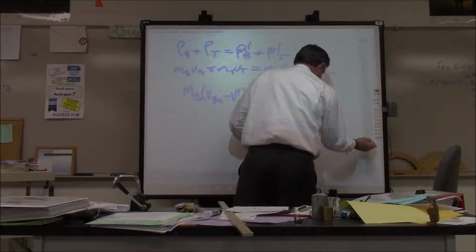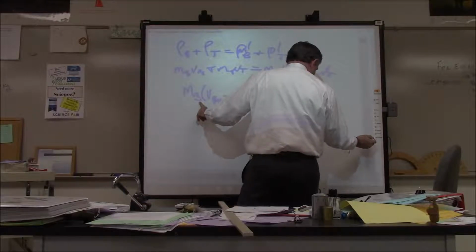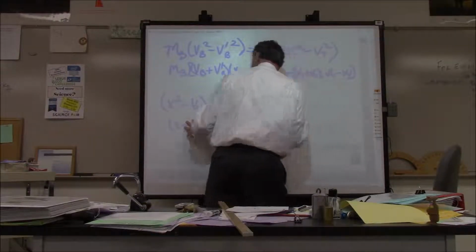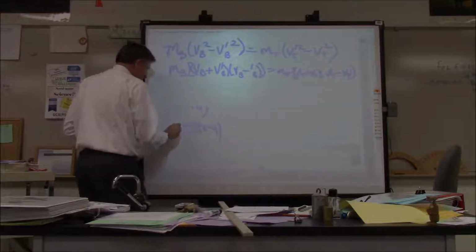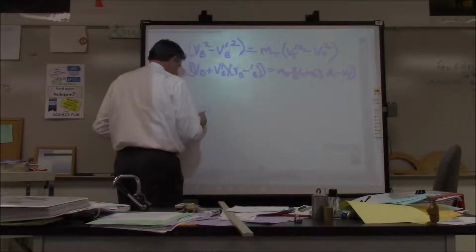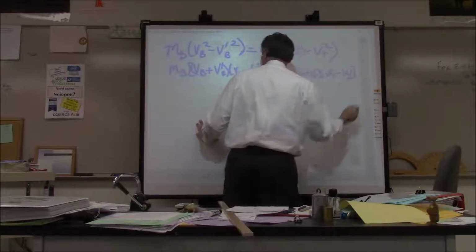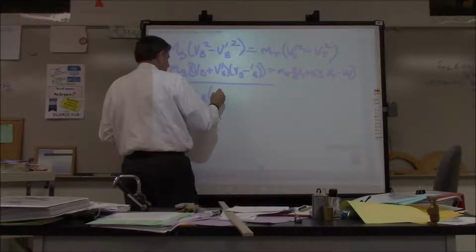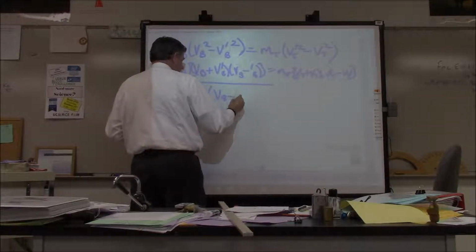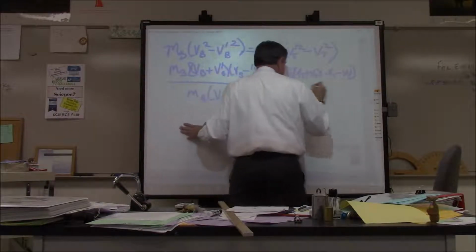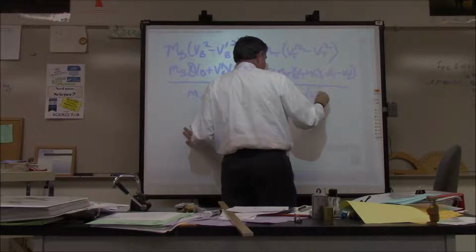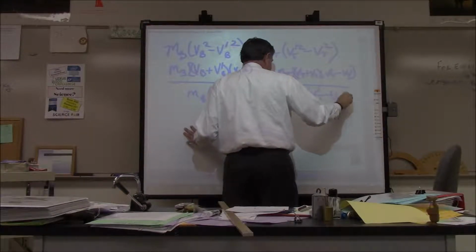So I'm going to come back over here, and I'm going to divide this by the mass of the bullet times the velocity of the bullet minus v prime of the bullet. And then I'm going to take all of this and divide this by the mass of the target times v prime of the target minus velocity of the target.